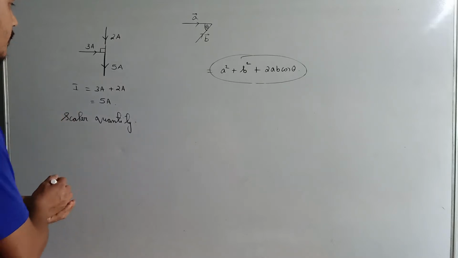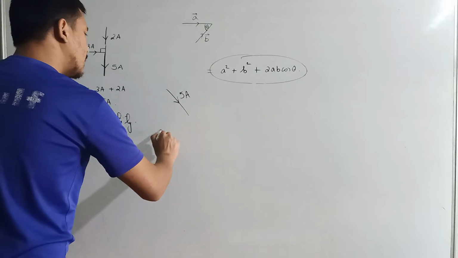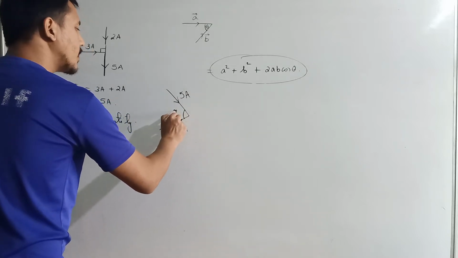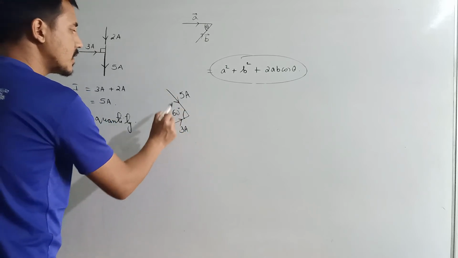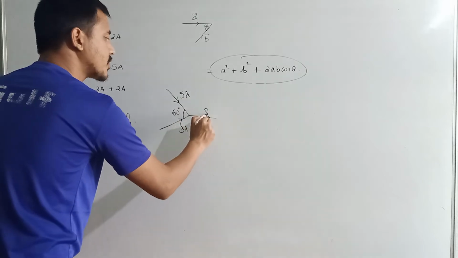Suppose there is one current coming in this direction, 5 ampere. There is another current coming in this direction, 3 ampere. The angle between them is 60 degrees. Then these two currents add up and give you 5 plus 3, 8 ampere.